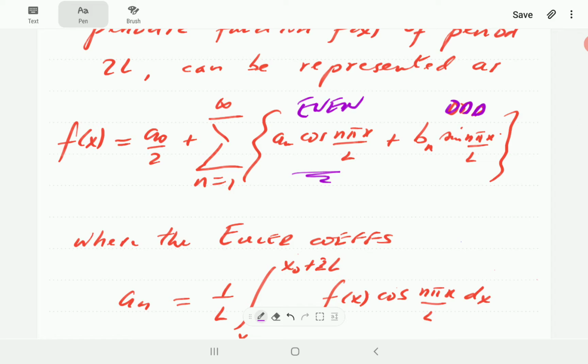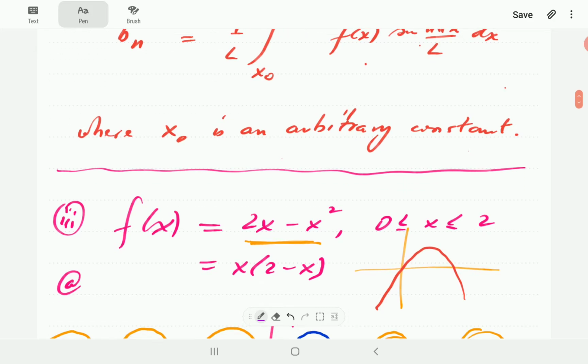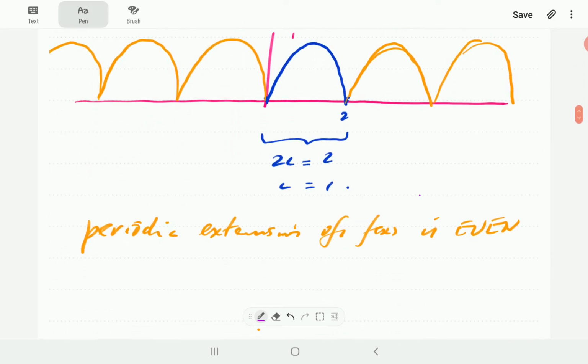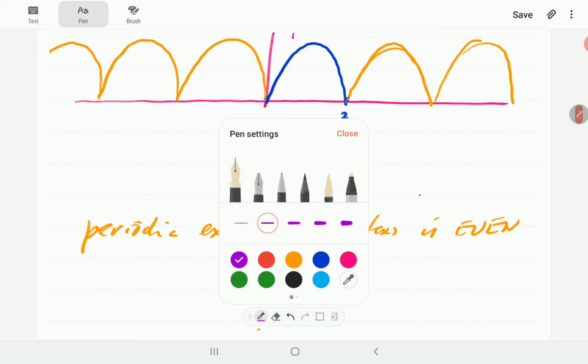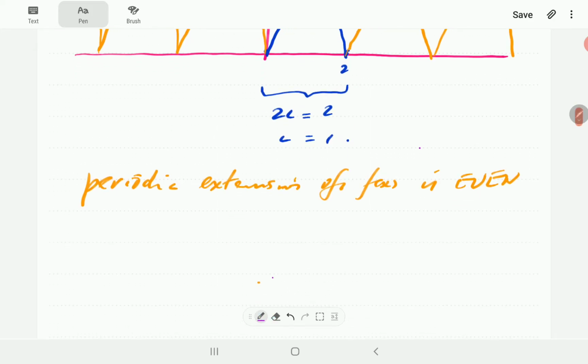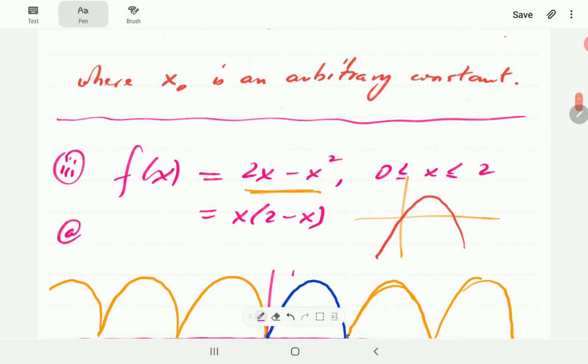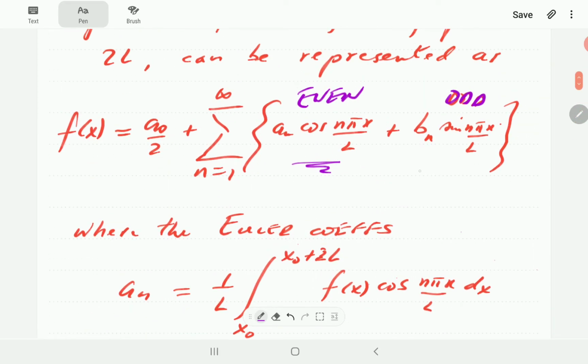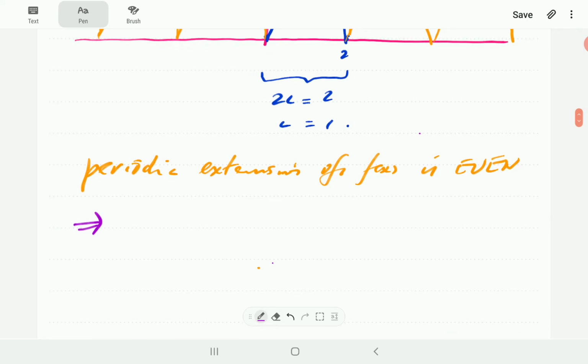However, if the periodic extension of the function is even, as we have determined for the function that we're talking about, then this implies that we cannot have any sine terms, because you cannot use odd functions to build an even function. So straight away from there, we can imply that Bn is going to be equal to 0 without having to do a calculation.